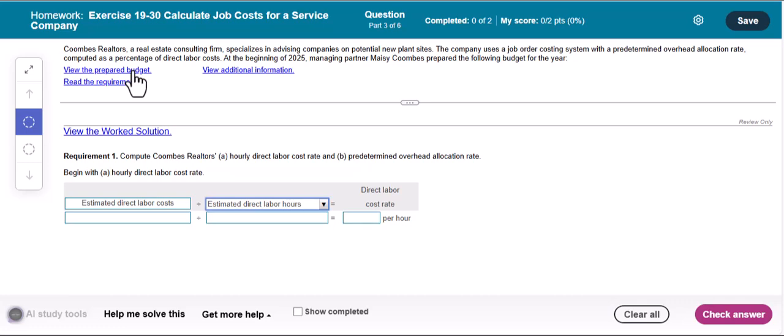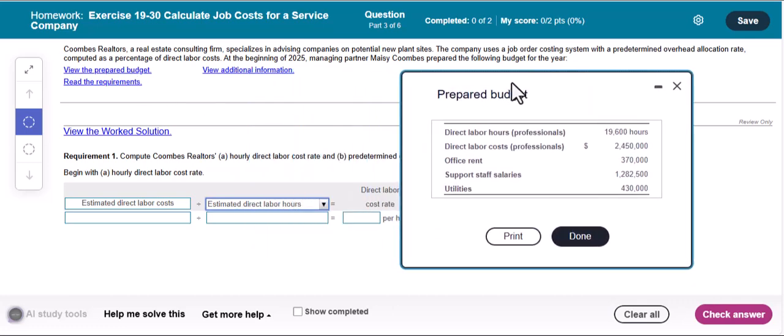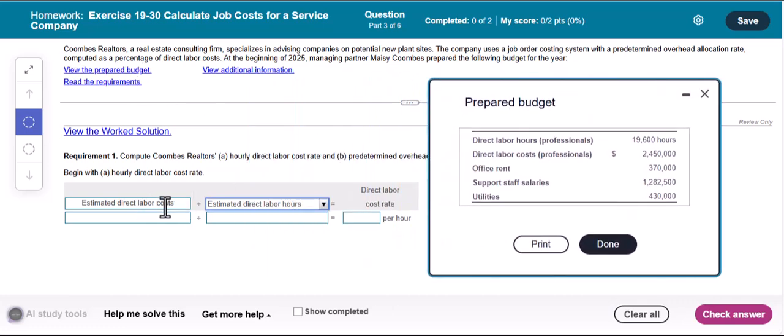So let's go back to our budget here to pull those numbers up. So we have estimated direct labor costs. So that is going to be here. This is 2.45 million. So we can copy and paste. And then that's going to be divided by estimated direct labor hours. So that is given to us here for that 19,600.